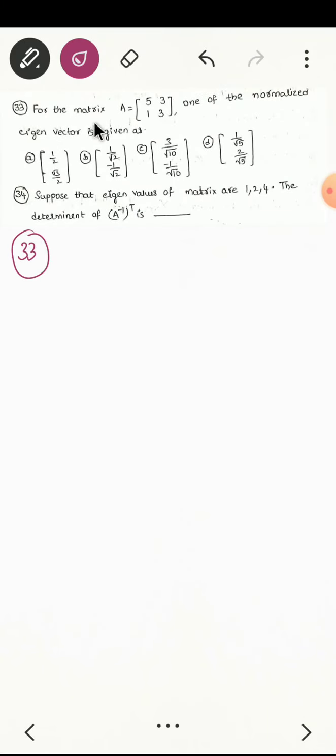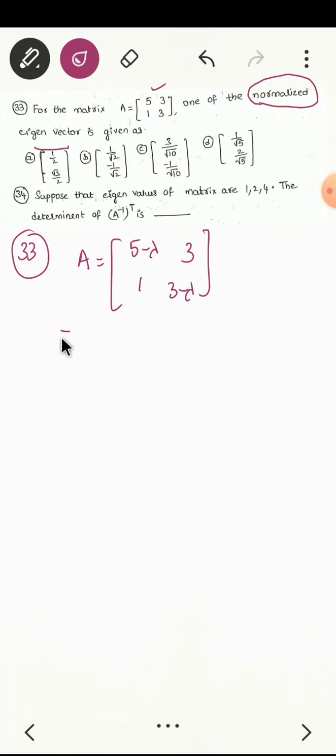Problem number 33: for the matrix A, one of the normalized eigenvectors is. For finding the normalized eigenvector, I will explain what it is later. For finding an eigenvector, we know the procedure. First, we have to find the eigenvalues. Determinant of (5 minus lambda, 3; 1, 3 minus lambda) equal to 0. Multiply 5 minus lambda into 3 minus lambda, minus 3 equal to 0.